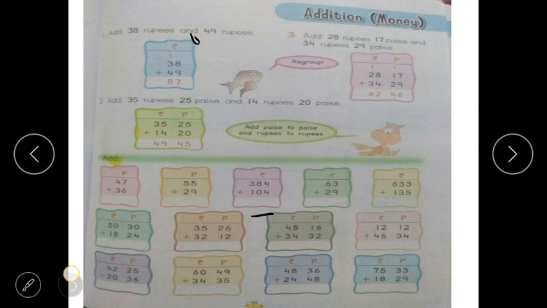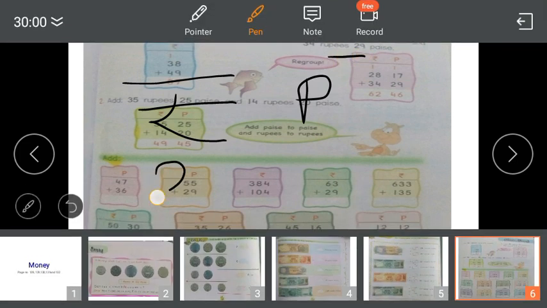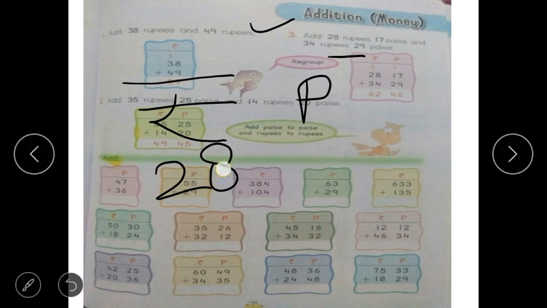Okay, I am doing one for you. This question, like 28 rupees there. So you have to make two columns. One is rupees, as rupees symbolize this way, and the other paisa. Now 28 rupees is there, so that 28 rupees you have to write in the rupees column. These two columns are there.